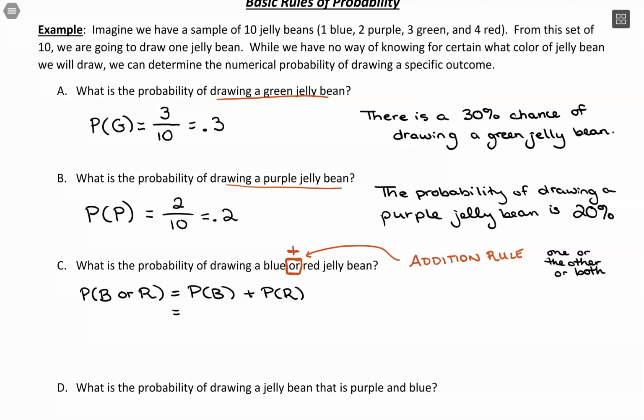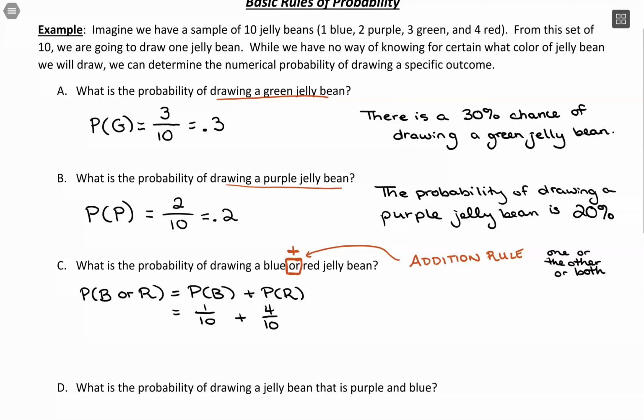Probability of blue, there was 1 out of 10, plus probability of red, 4 out of 10. What we're really doing is taking how many blue jelly beans plus how many red jelly beans. So these total 5 jelly beans that fit this blue or red scenario out of the total 10.